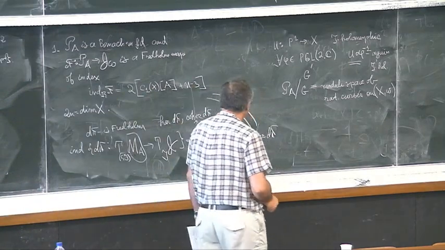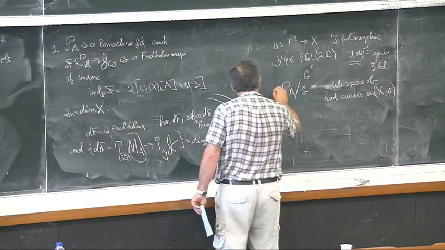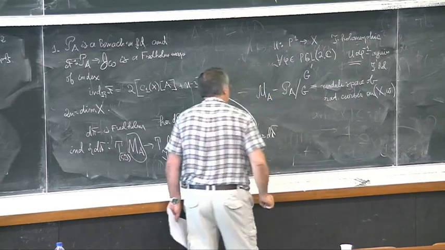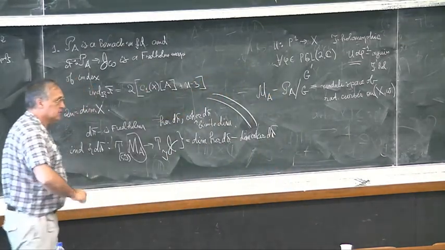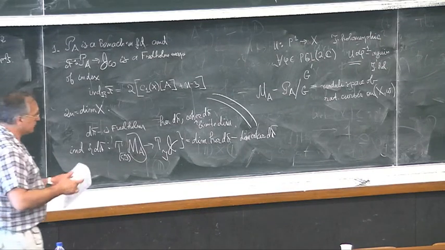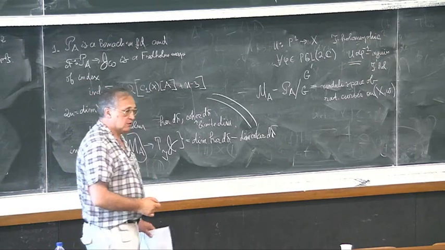And this quotient is what we denote by M_A, the moduli space. So we factor out reparametrization, and we are left with a geometric object.